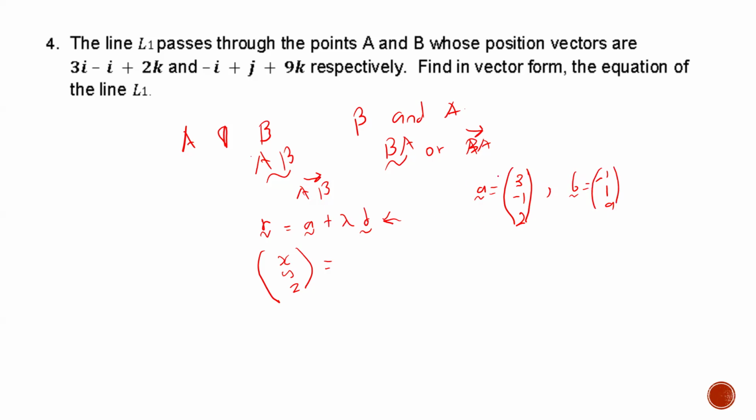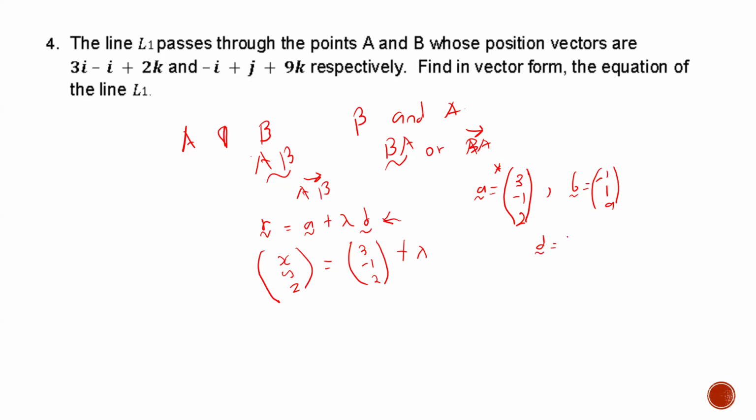The known point I was telling you about is the A one, so I'll put it here: (3, -1, 2). That's the known point on this line, plus our parameter lambda, the variable that can take on any value, times d. It's best to do this on the side.